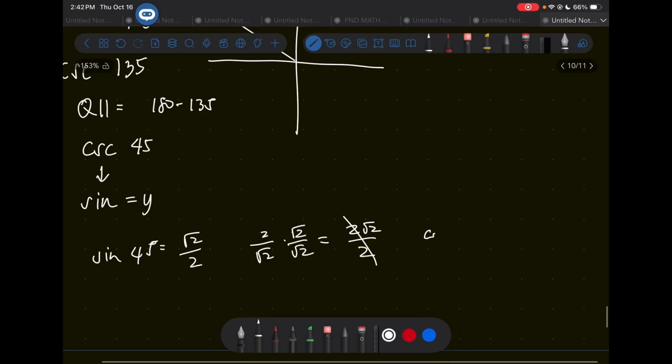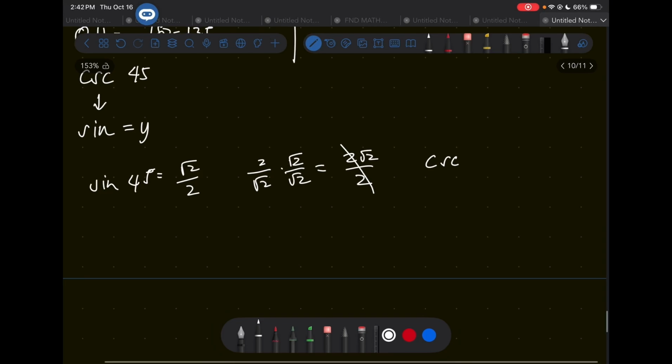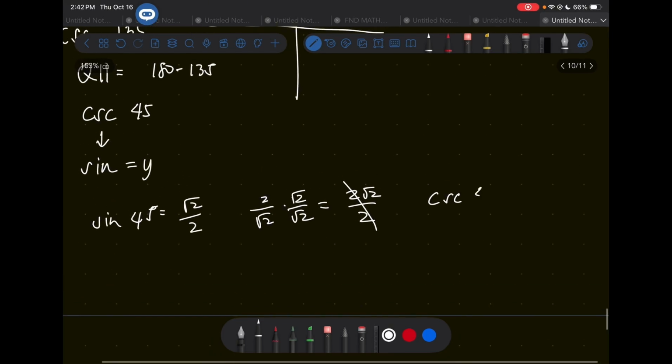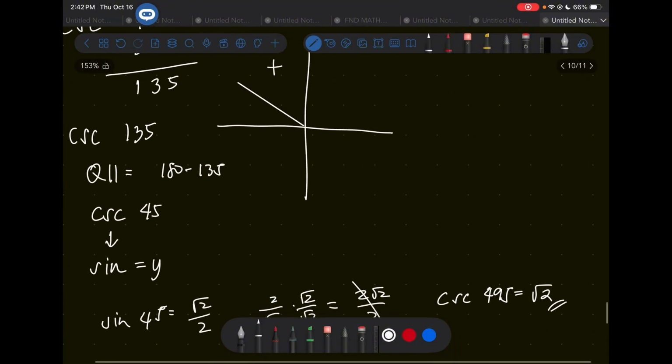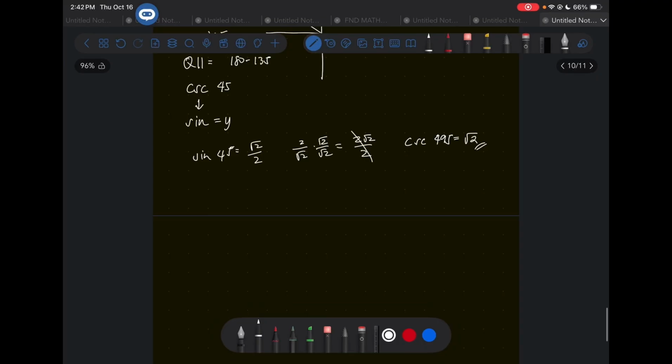So cosecant 135, or from your original one, cosecant 495, is gonna be square root of 2. Positive because it's still in the positive axis.